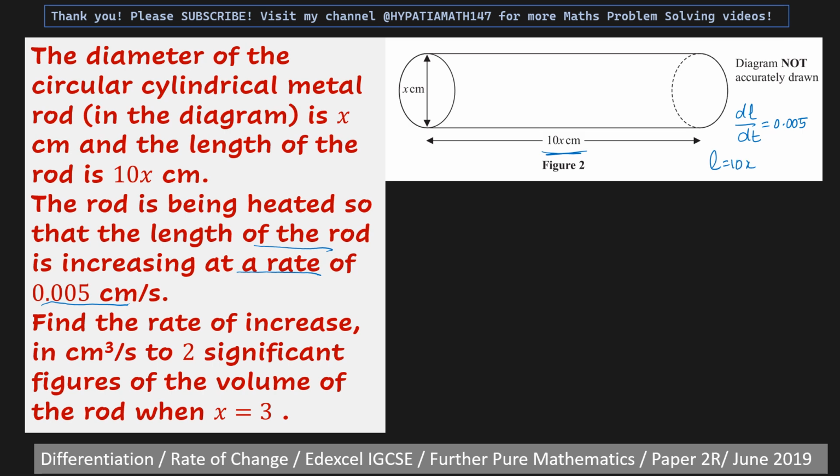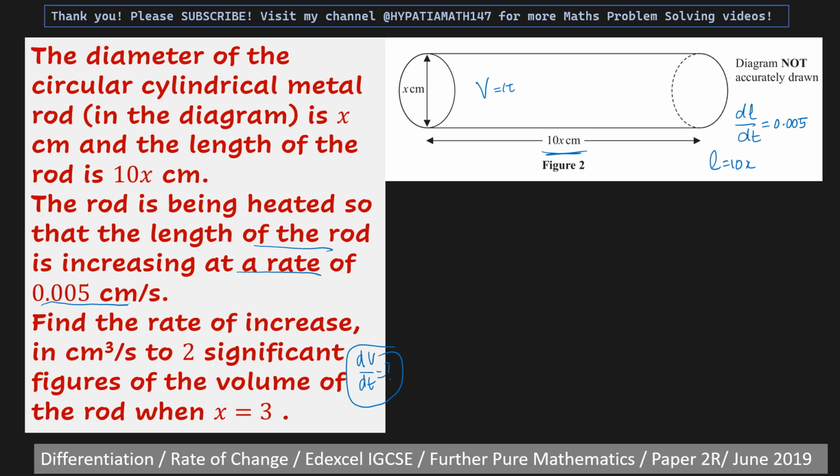Then we need the volume. What we need to find here, the final thing, is the volume rate dV/dt. So what is dV/dt? Let me write down the volume. The volume would be V equals pi r squared h.